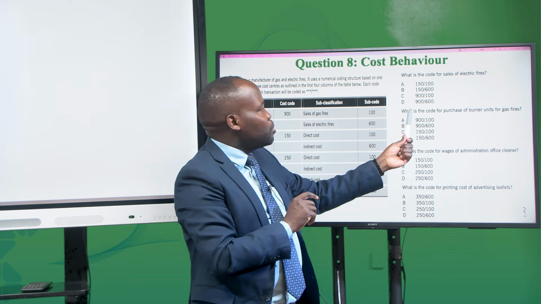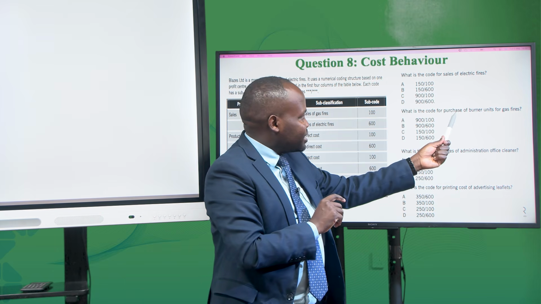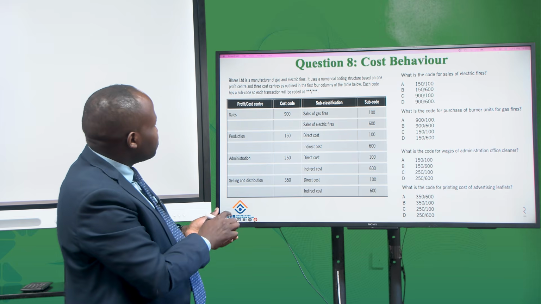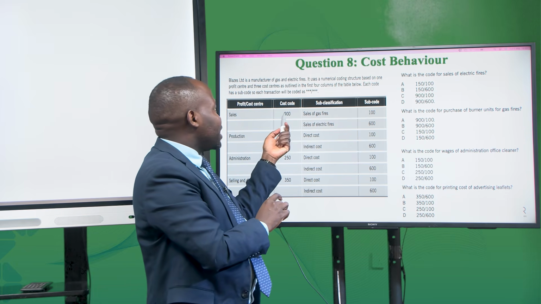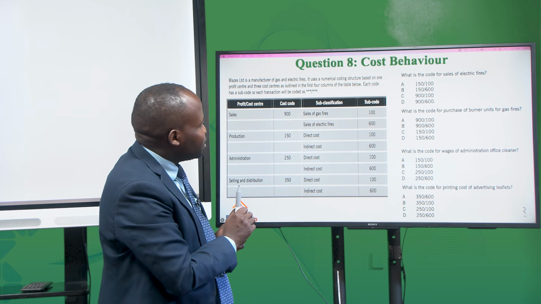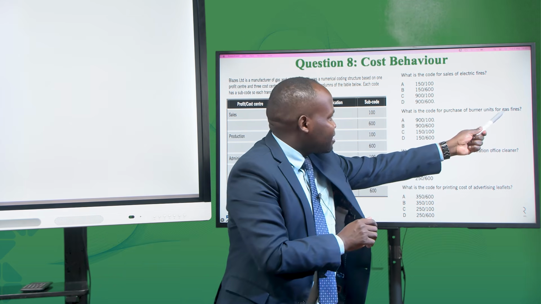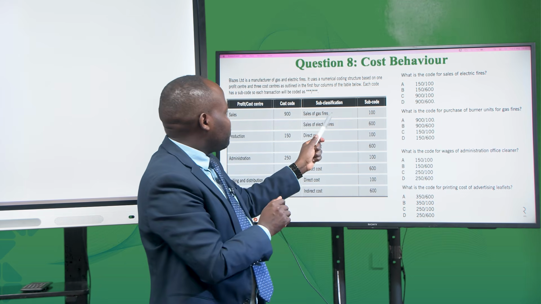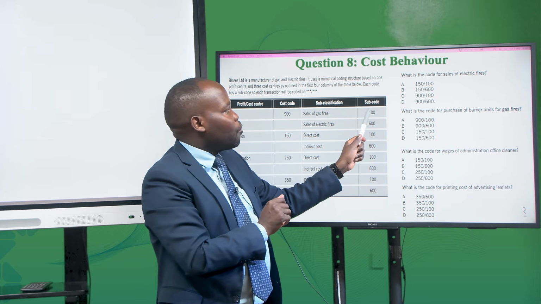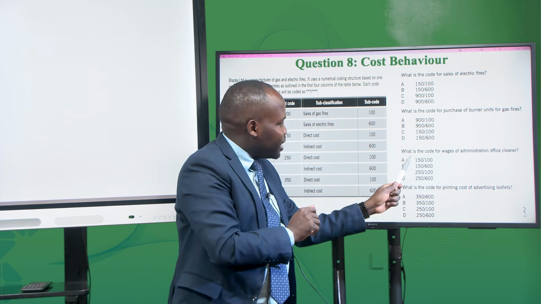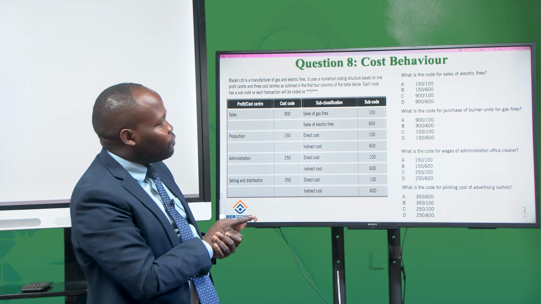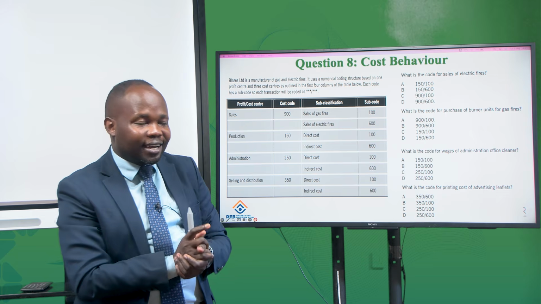So this is supposed to be, what is the code for sales of burner units for gas fires? Sales takes us back to 900, and gas fires is 100. So the code is 900 stroke 100. Answer is A.